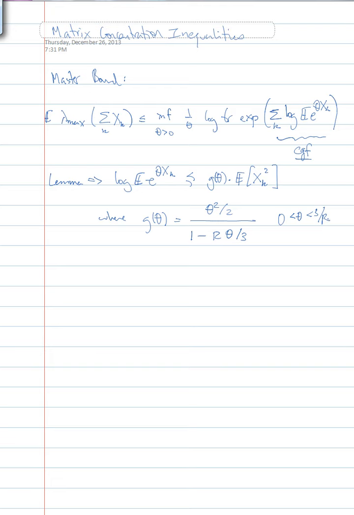So plugging this in, we get that the expected value of lambda max of the sum of Xk's is less than or equal to the infimum, and now not over all theta, but only theta in the range 0 less than theta less than 3 over r, of 1 over theta log trace of e to the g of theta times the sum of the expected value of Xk squared.